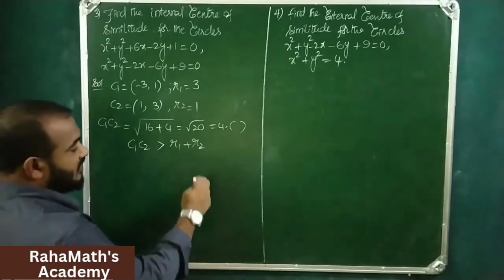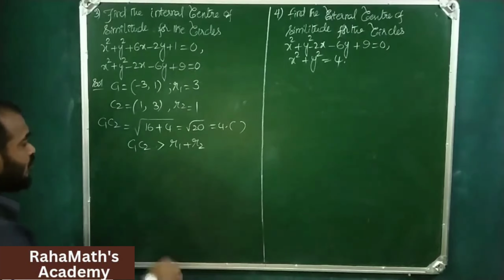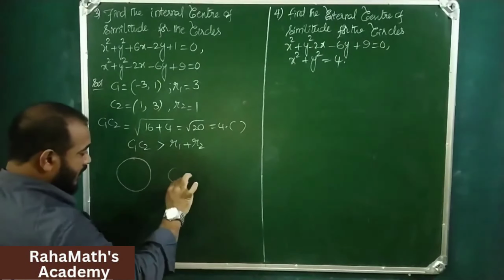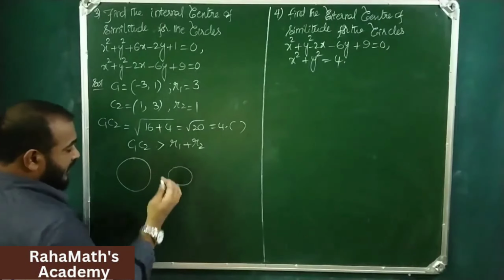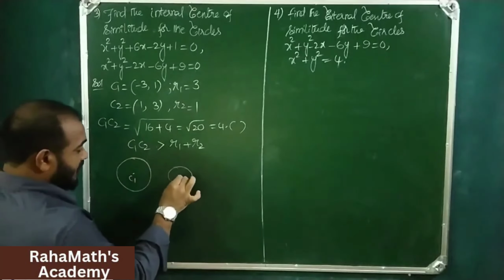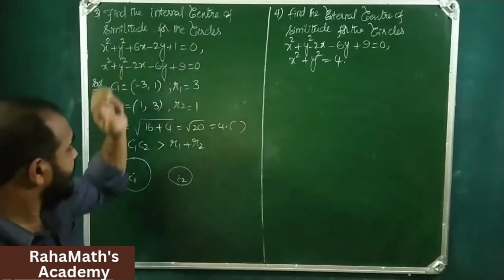If C1C2 is greater than R1 plus R2, what is the relative position of the two circles? One circle lies completely outside the other. They neither touch nor intersect. So this is C1 and this is C2. And what is being asked? Internal center of similitude.